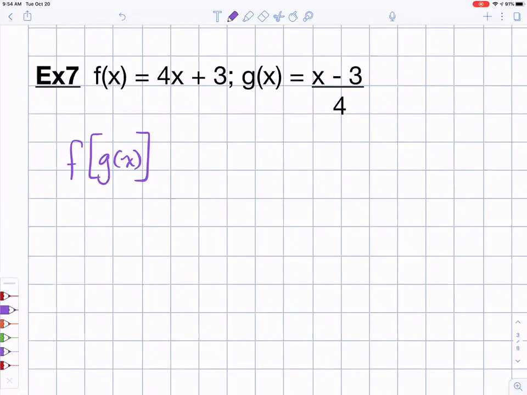If I'm looking at this, what do I begin with according to the order of operations? I've got to start with g of x. Do you know what g of x is? Yeah, it was given. So we're going to take out g of x and replace it with what it equals. Keep the f there because you haven't done anything with it yet. And then replace g of x with x minus 3 all over 4.